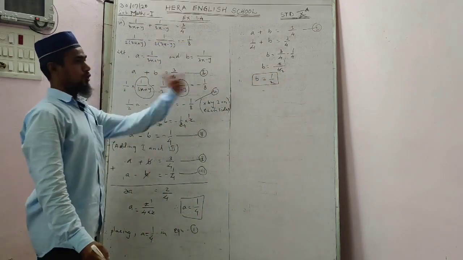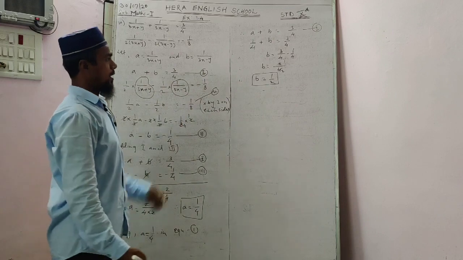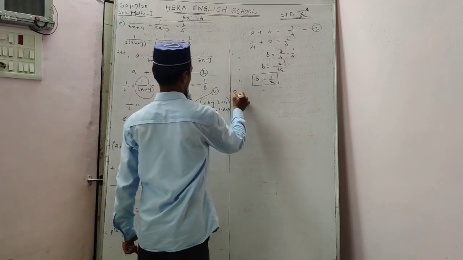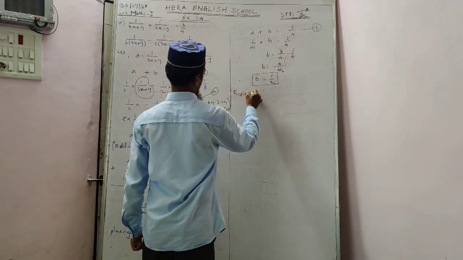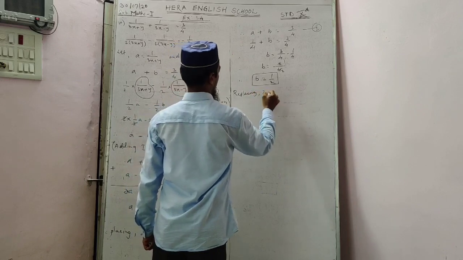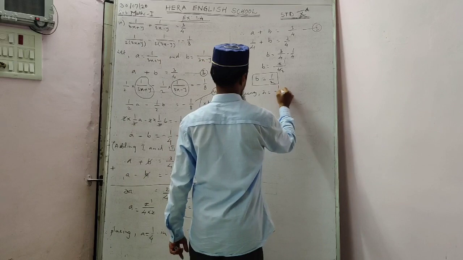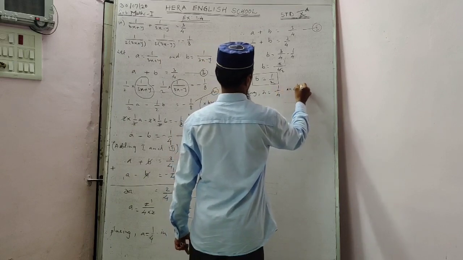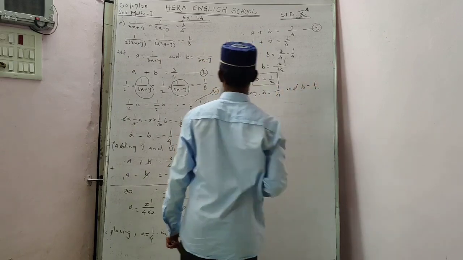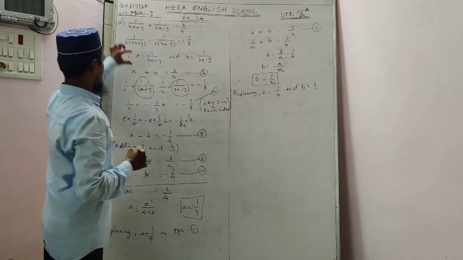Now we will resubstitute or replace the value of a and b. We will write here, replacing a is equal to 1 by 4 and b equal to 1 upon 2. See the value of a here.